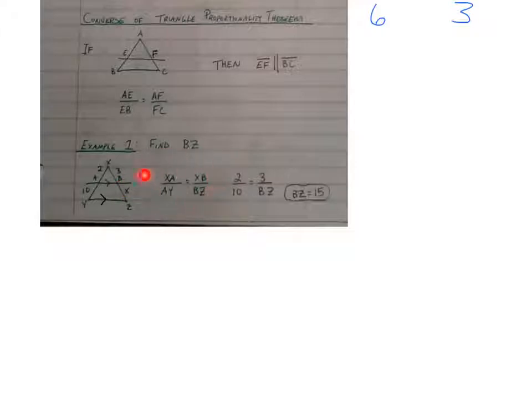So there's the line segments in the proportion, then we substitute the values in and we find that BZ is equal to 15. 2 times 5 is 10, 3 times 5 is 15.